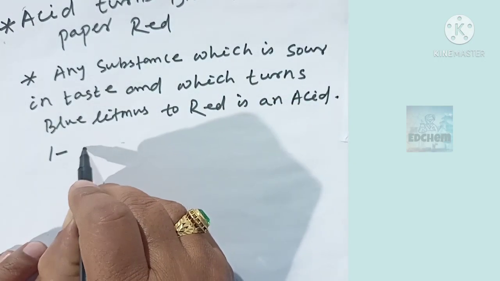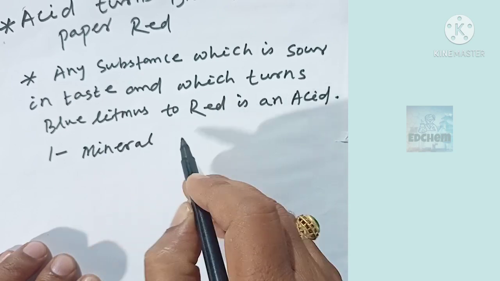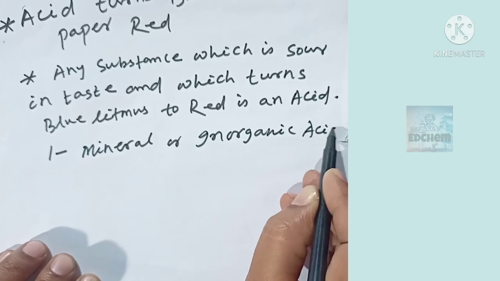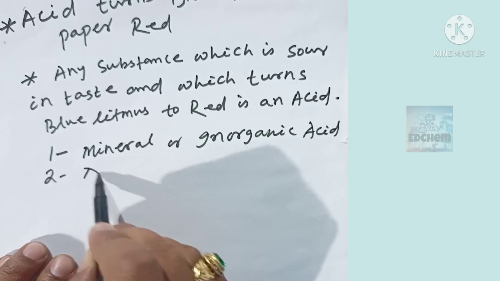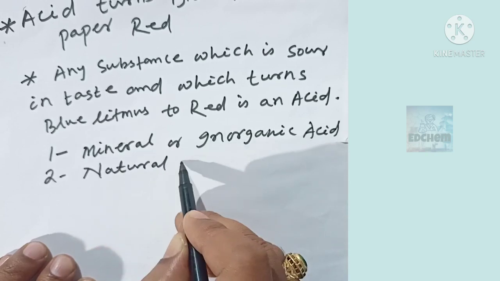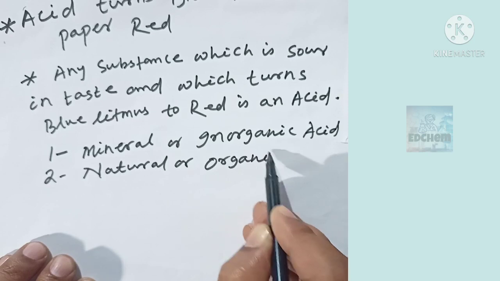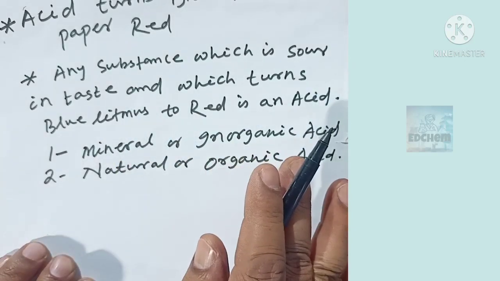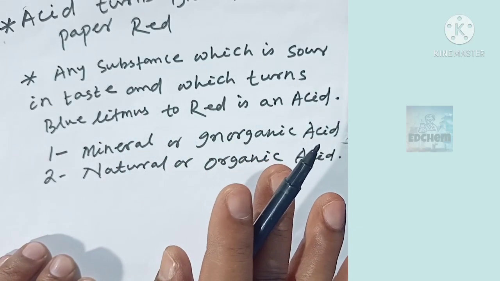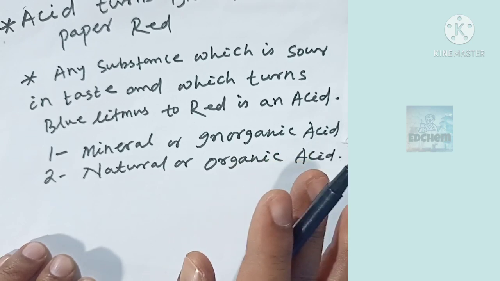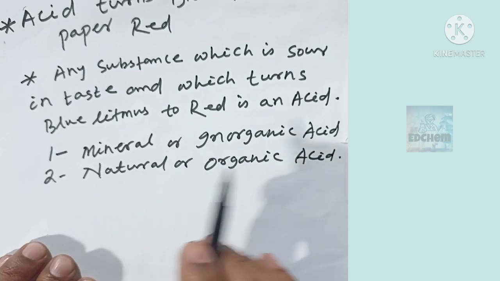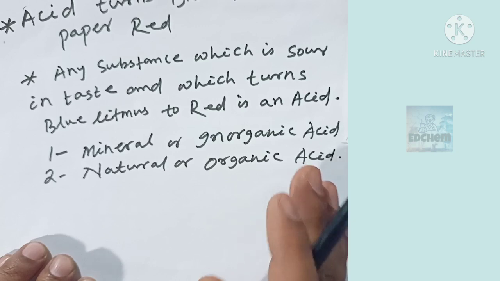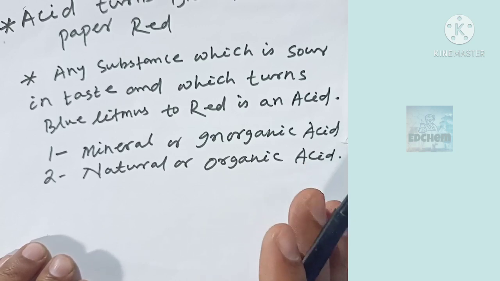Mineral or inorganic acids are made of different minerals or inorganic materials, and natural or organic acids are found in living organisms or made of organic substances.